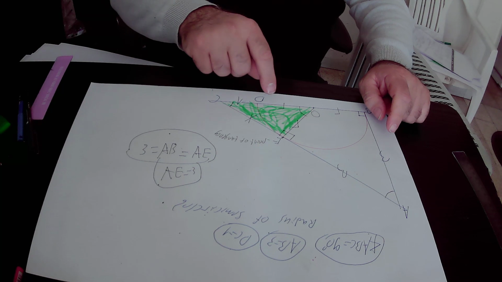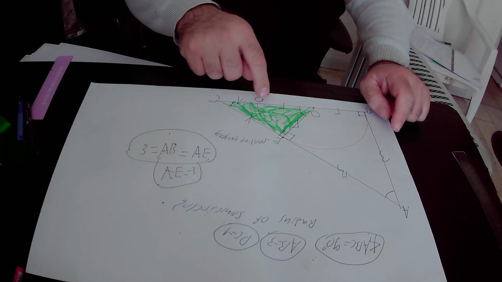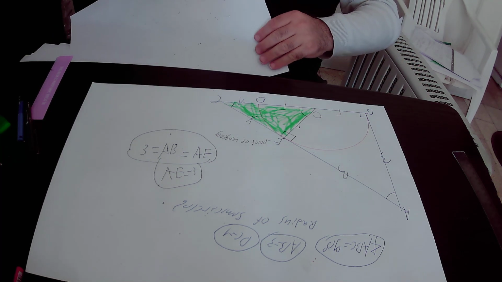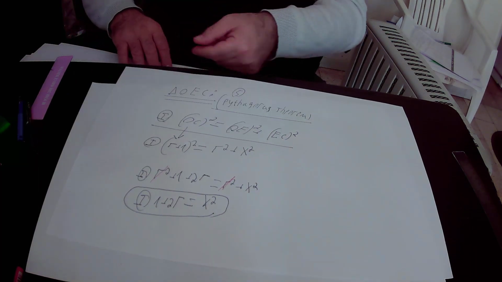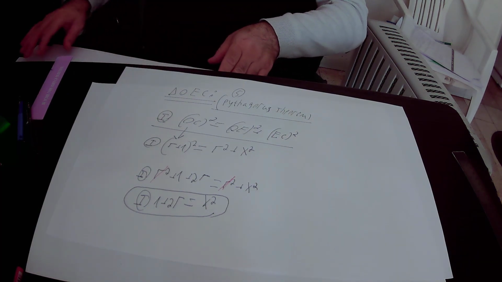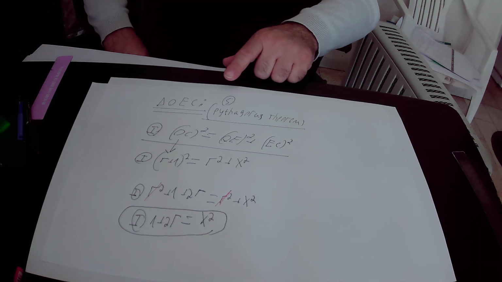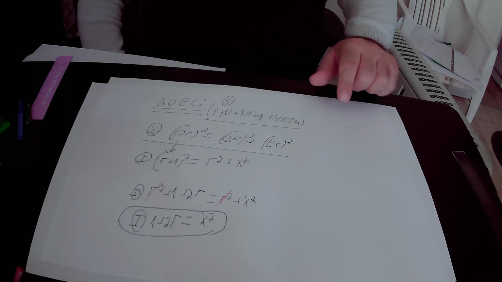And because angle OEC equals 90 degrees, triangle OEC is a right triangle. The green triangle is a right triangle. And we can implement the Pythagorean theorem in the green right triangle, triangle OEC. According to the Pythagorean theorem, the square of the hypotenuse equals the sum of the squares of the perpendiculars. That is to say, OC squared equals OE squared plus EC squared.